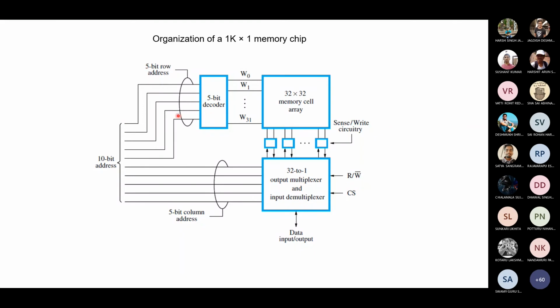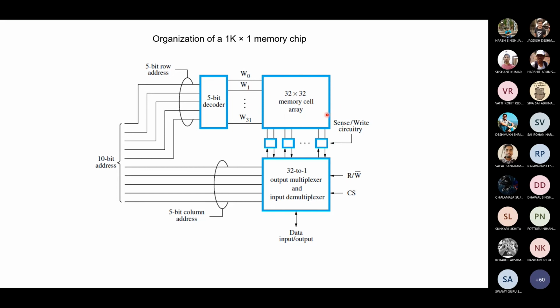This 5-bit row address, so it's a 5-bit decoder now, 5 to 32 decoder. So these are what lines? W0 to W31, 32 lines.